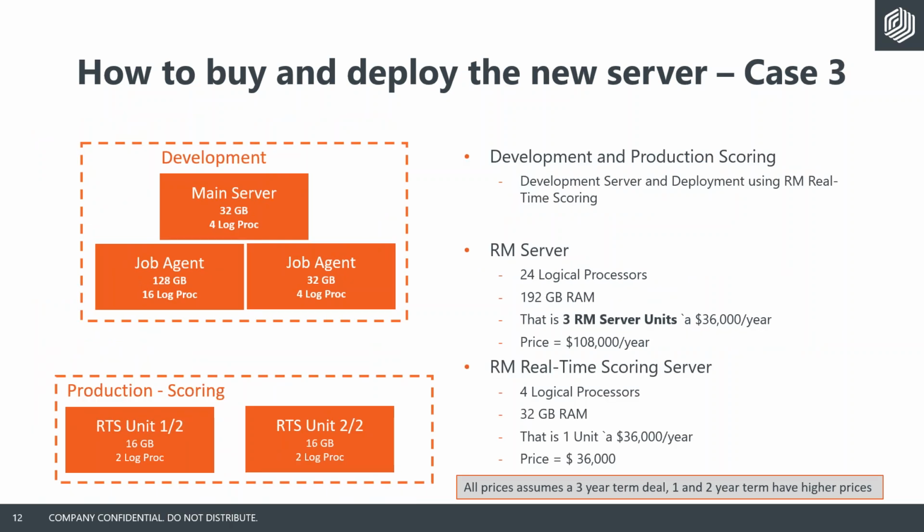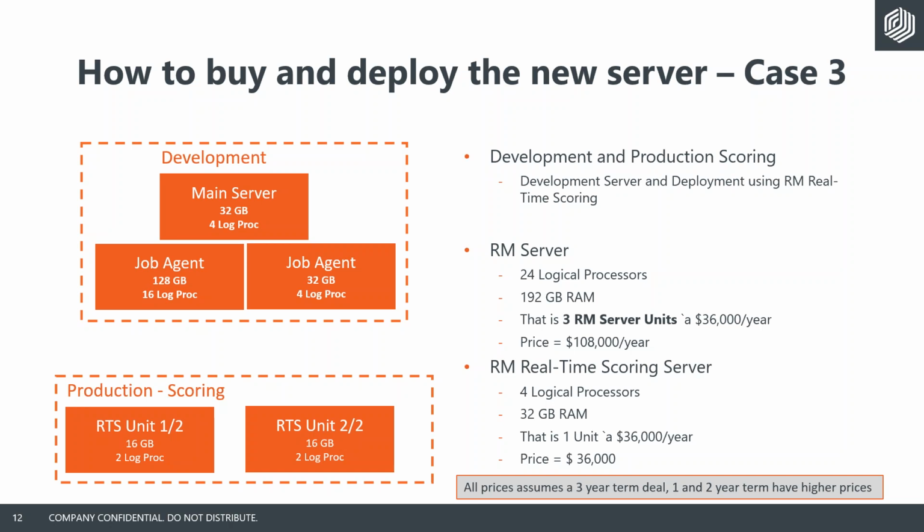Just to then remind you too about the real-time scoring server. So in this scenario here, I have a development environment, and then I've set up a scoring environment for low latency scoring using the real-time scoring server. And in this case, then I would need 3 server units for the development environment there.